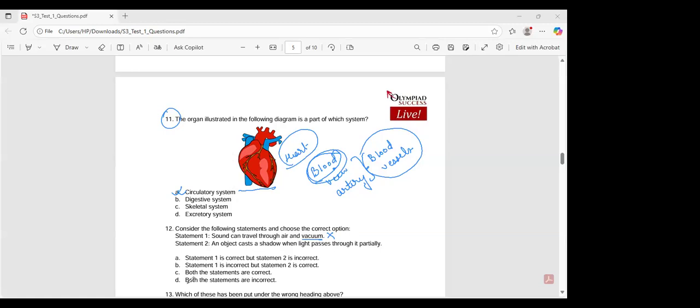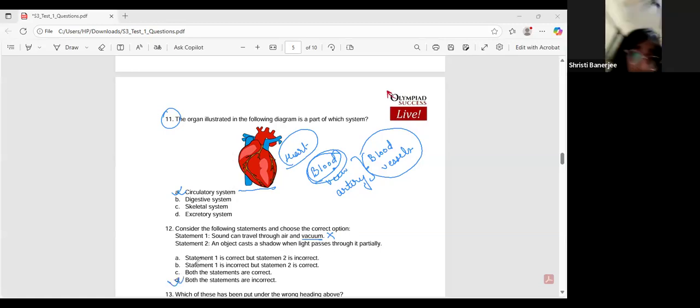So both the statements are incorrect. Is that clear? Yes.